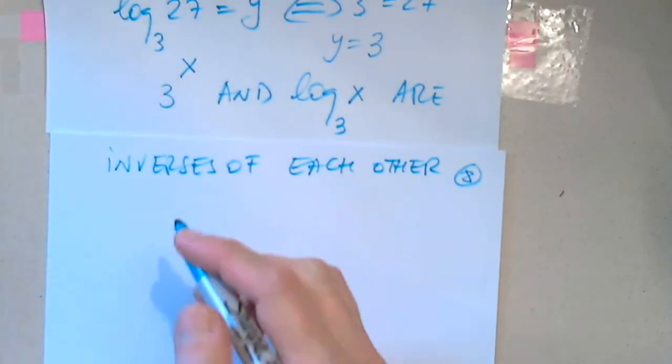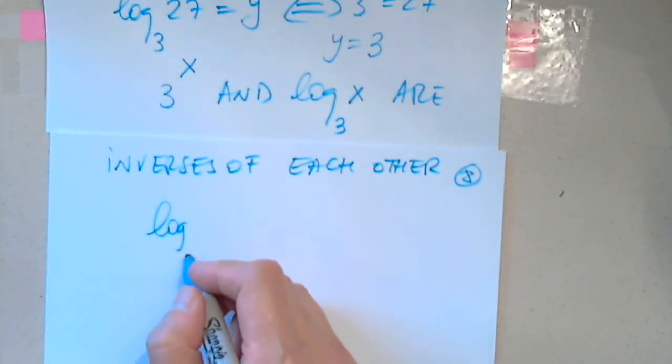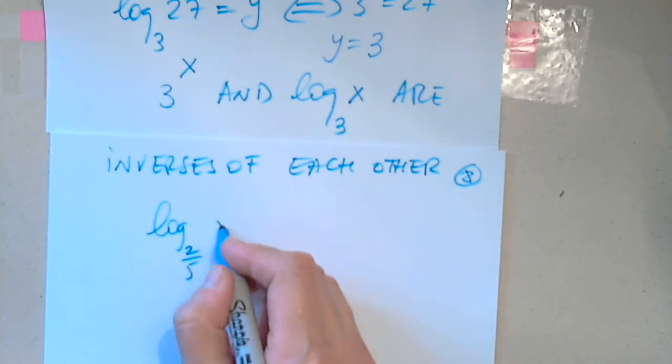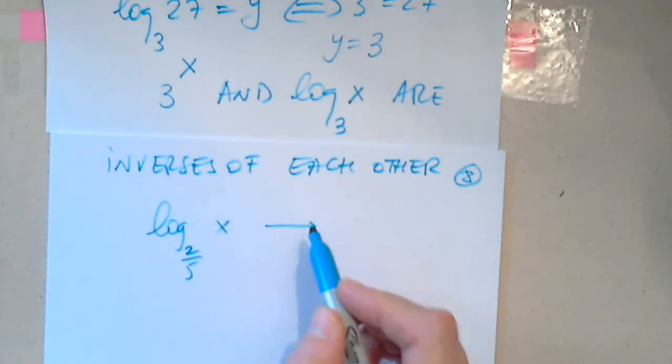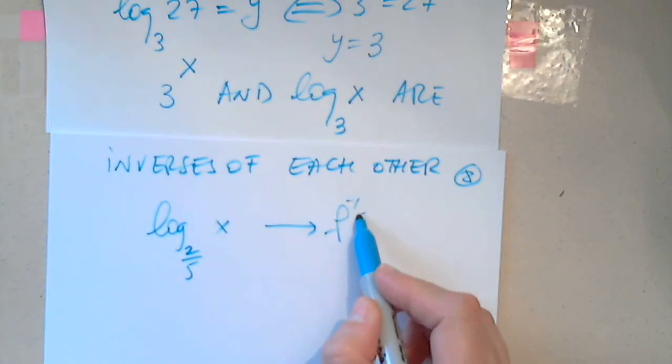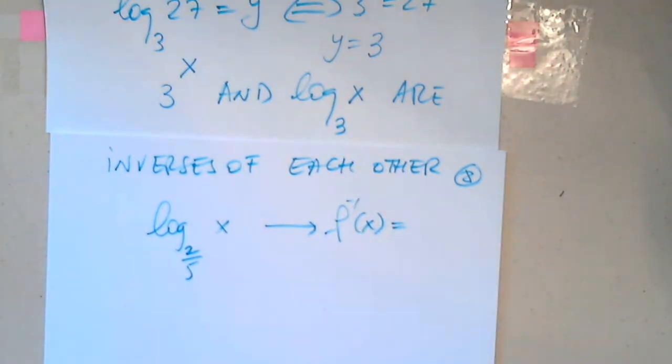Now here's a question. If I say log base 2/5 of x and ask you what is the inverse function of this, what will you say? What could be the inverse function? What type of function has to be it?